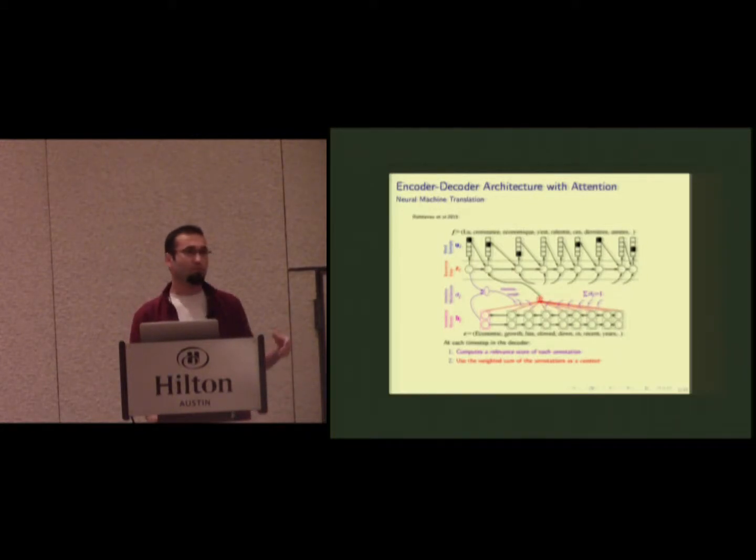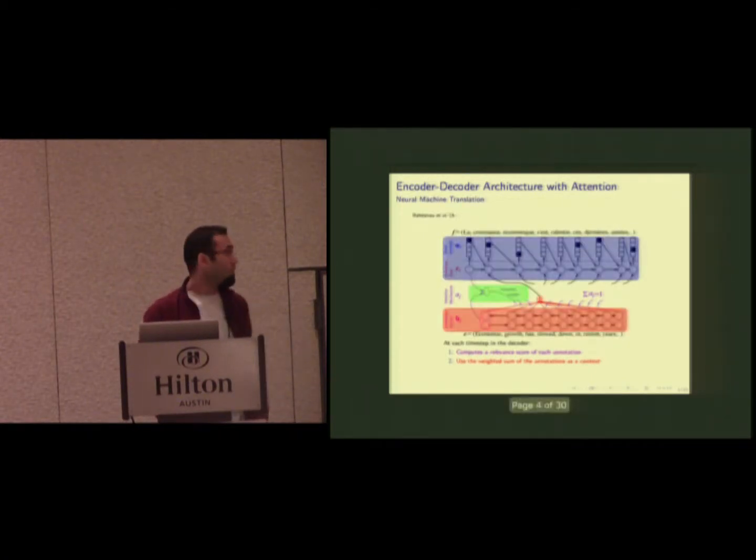So given a source sequence, first an encoder generates a set of vectors, which we call annotation vectors, and the set of these annotations will be called the annotation set. And then at each time step of the decoder, an attention module first gives the necessary information according to this time step of the decoder, and the decoder will use that information as a context vector as it generates the output sequence.